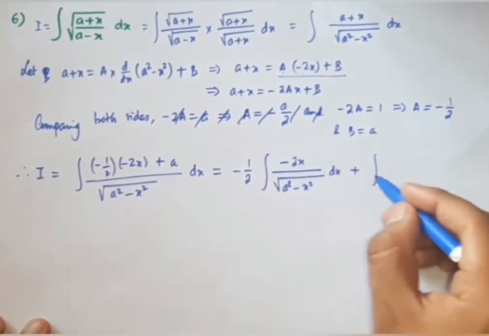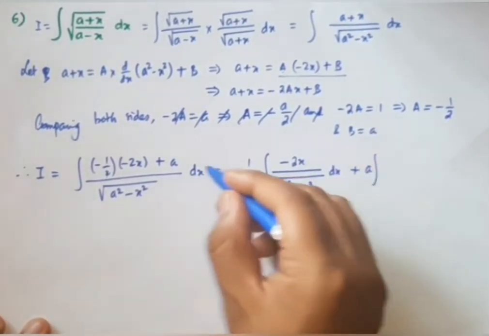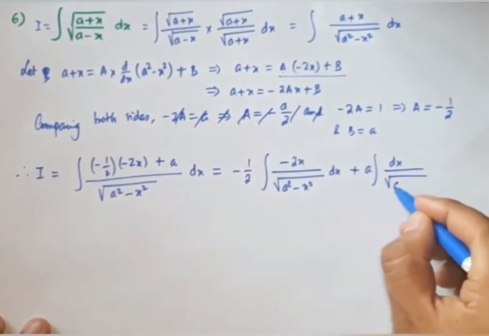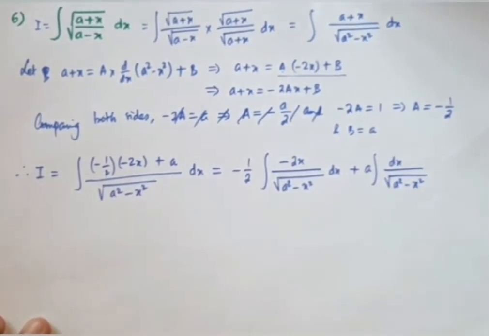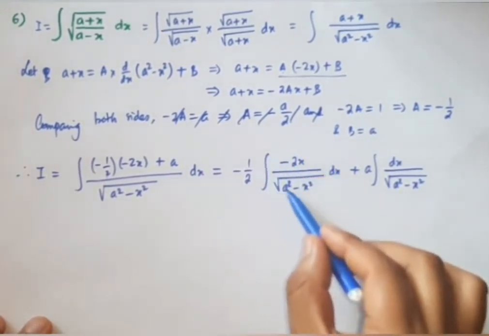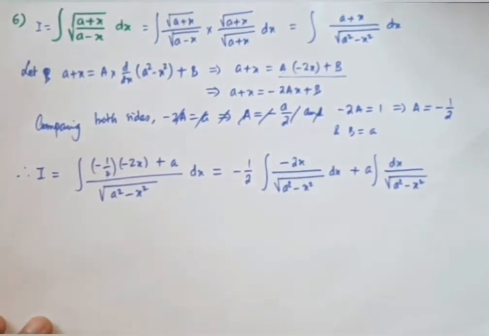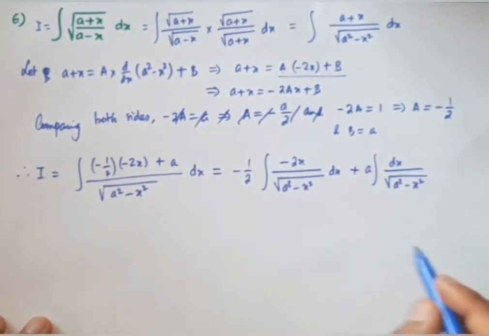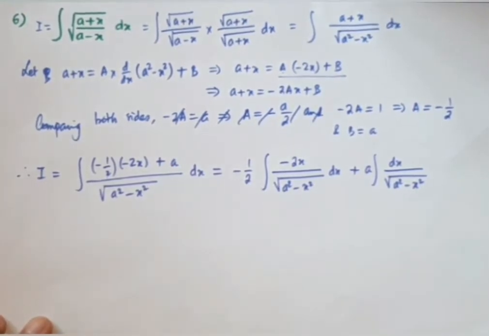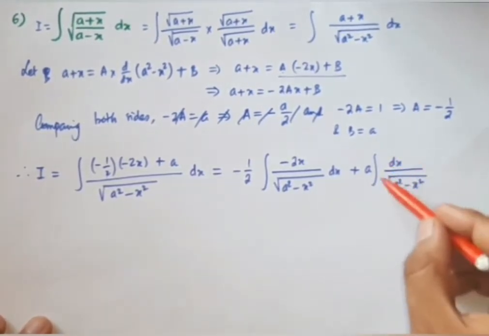This a is a constant, so it will be kept outside, so we have a dx by the square root. Now here you have to make use of integration using substitution. Now this falls under your direct formula. So let me directly write down the answer for this.